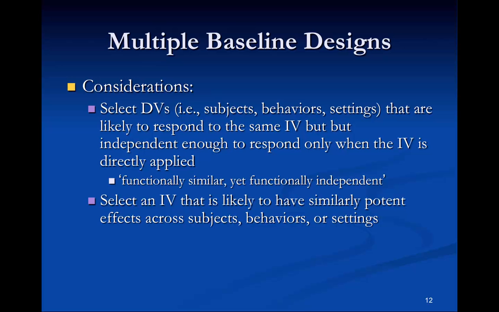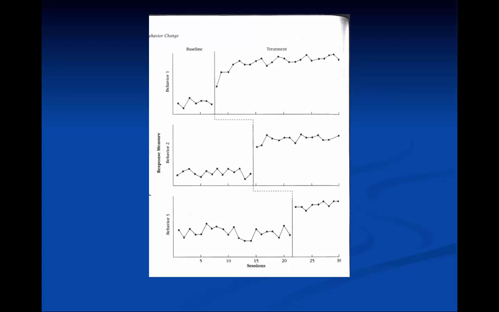One is that the real challenge here is you have to find behaviors that are independent. That's the biggest issue with a multiple baseline design. So in this case, multiple baseline across behaviors, you need to find 3 behaviors, math, reading, spelling, that are independent. That is, if you get better in math, you're not going to get better in reading.